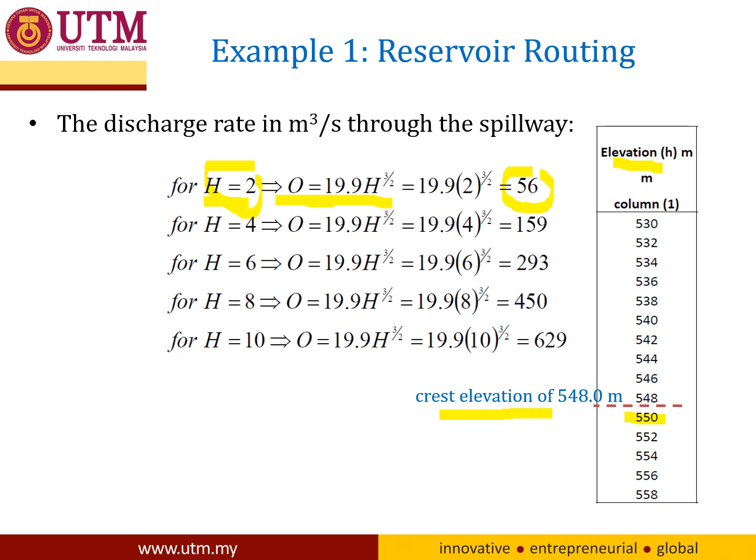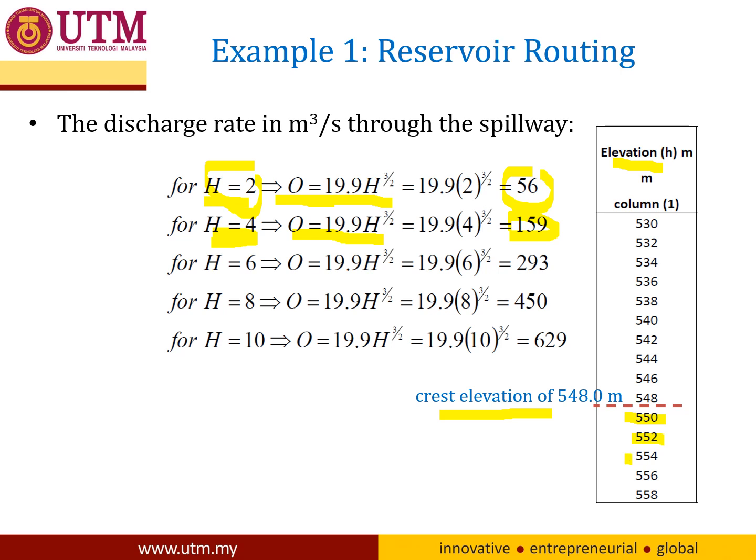And then the next is 552. So 552 is the elevation. So what is the head? You need to do 552 minus 548. So you will get the head as 4. So use this formula, and then you will get 159 meter cube per second, which is the outflow, and so on.